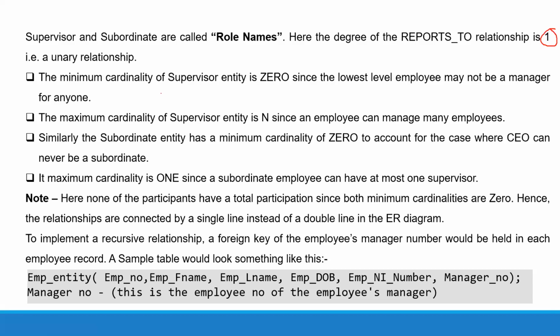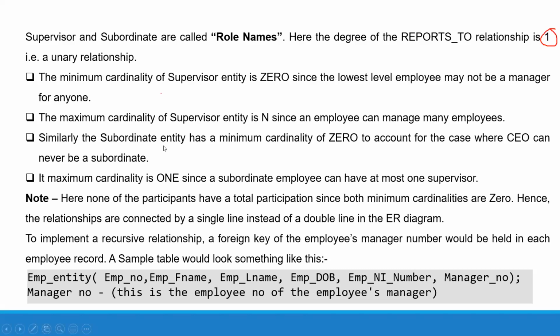The maximum cardinality of the supervisor entity is n, because he can supervise many employees. So you have to explain why it is 0 initially and why it is n when explaining the cardinality.